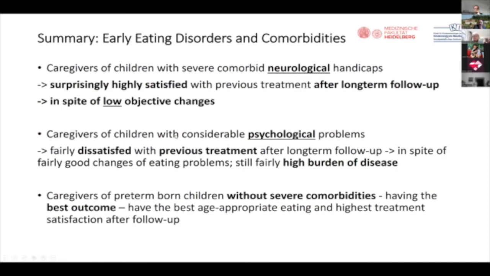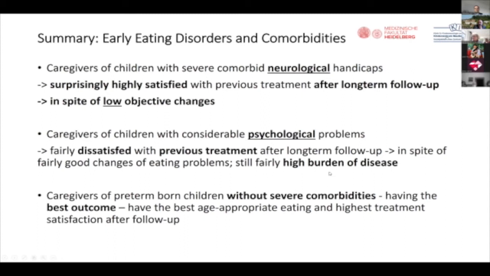Caregivers of children with considerable psychological problems, mainly autistic children, were quite dissatisfied, or let's say moderately satisfied with previous treatment after long-term follow-up, in spite of much better changes of the eating problems compared with the CP children, for example.